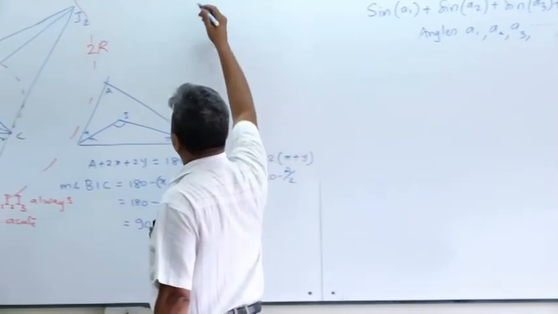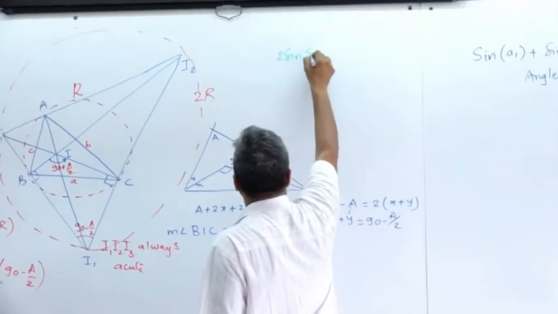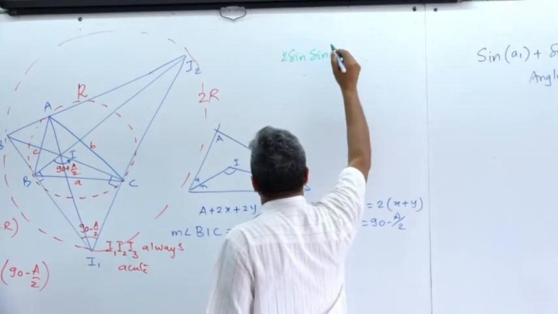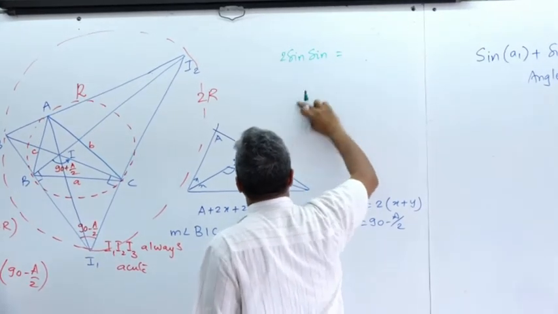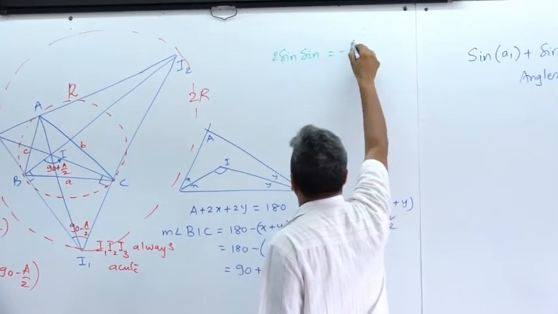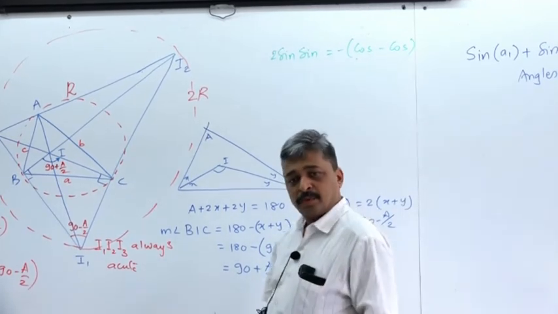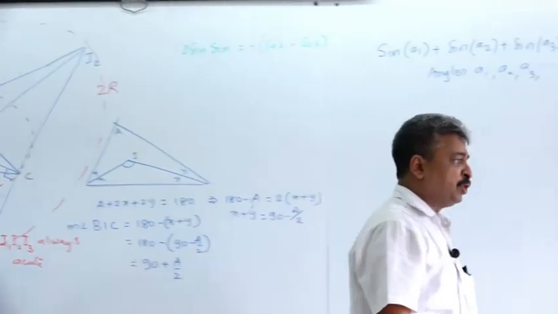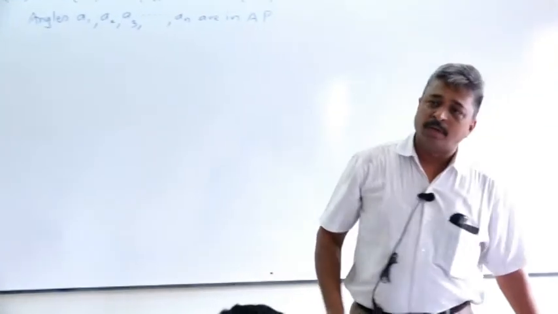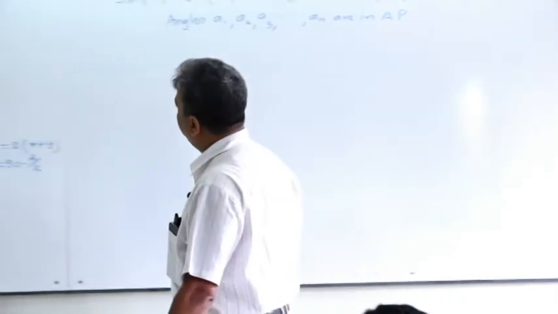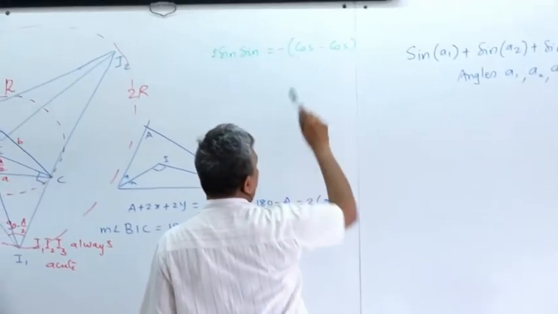What is 2 sin sin? 2 sin A sin B is cos of difference minus cos of sum; 2 sin sin is the opposite of cos minus cos. Right? And therefore, this is what we will exploit here.